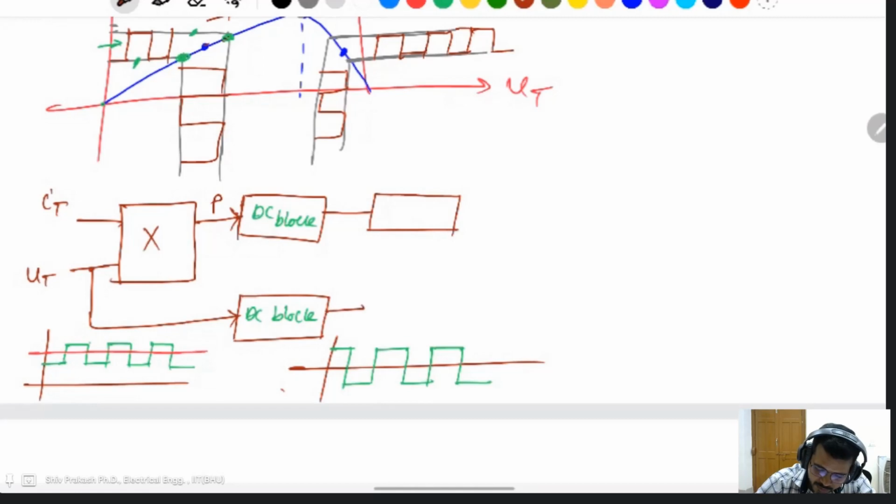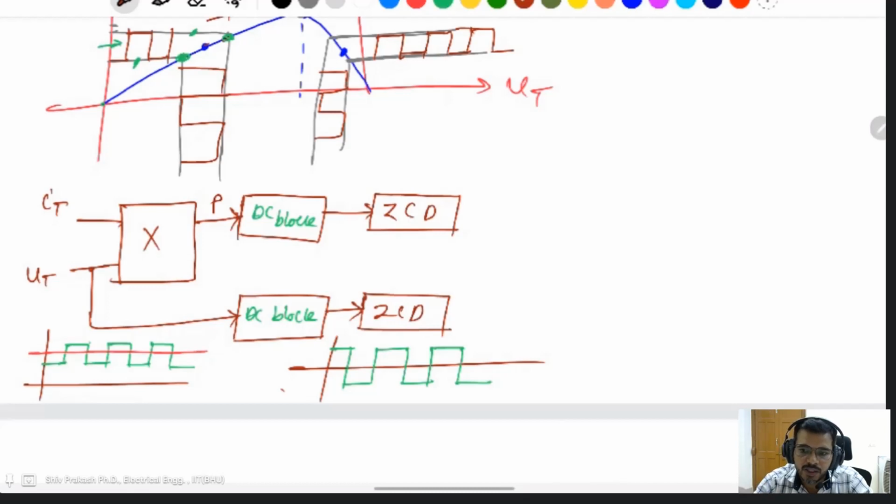Both are passed through zero crossing detectors, like a comparator type. If this voltage is lower than 0, then the output will be negative VCC. If this is greater than 0, the output is positive VCC, like that.